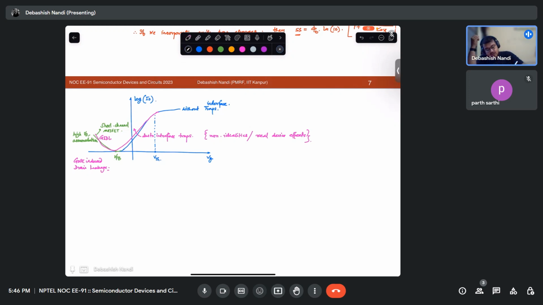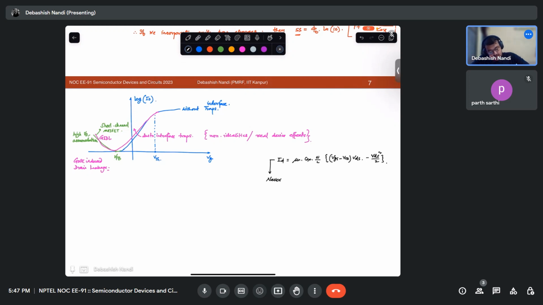And in this context, let me put a comment that the equation you see, mu n Cox W by L, Vgs minus Vth times Vds minus Vds square over 2, this we will never find in any actual simulator models, okay. You take your SPICE, PSpice, HSpice, Cadence Virtuoso, anything, this will not be there in any of the models.